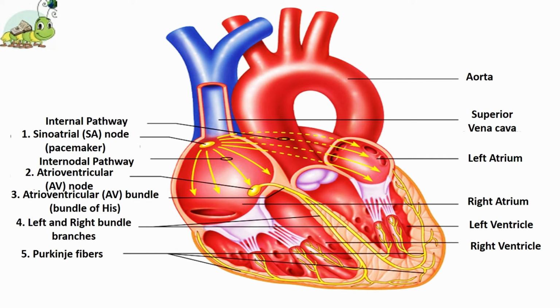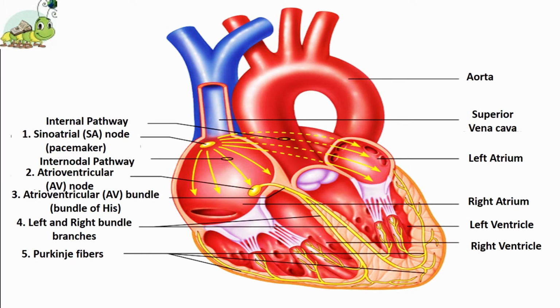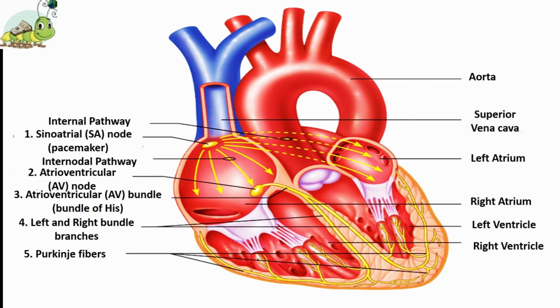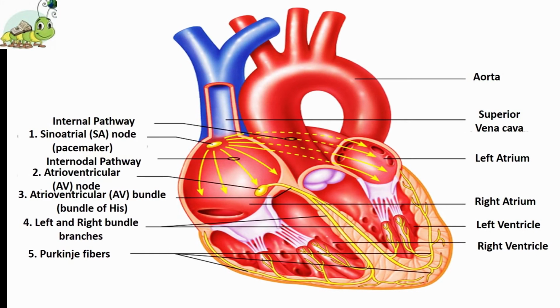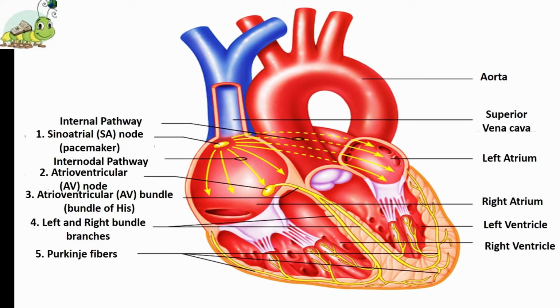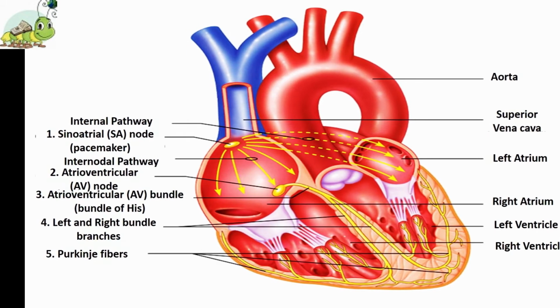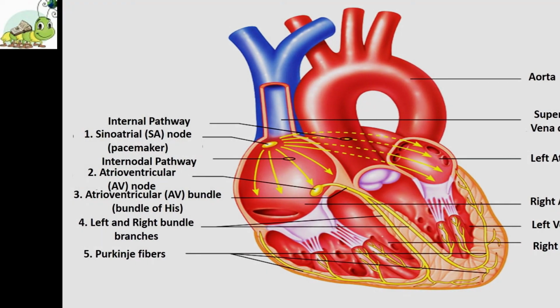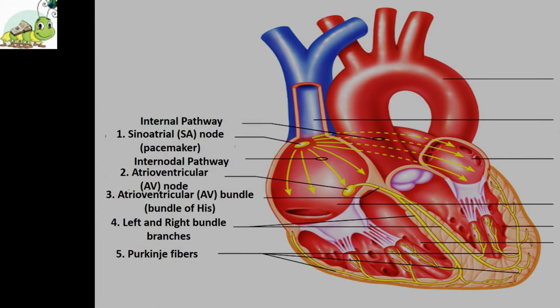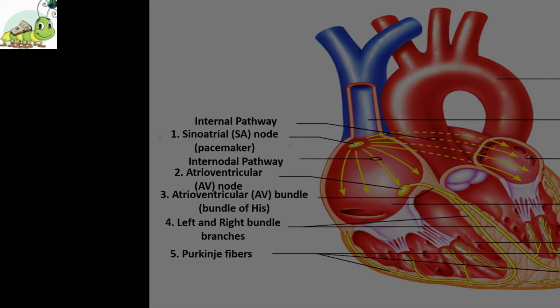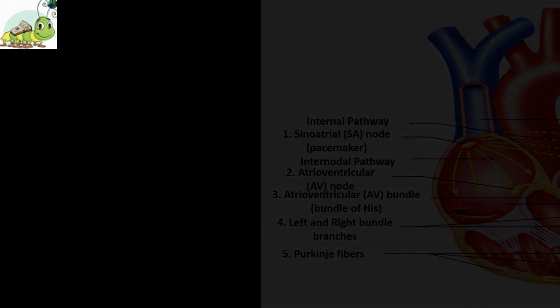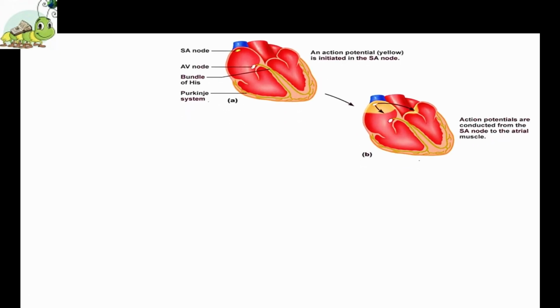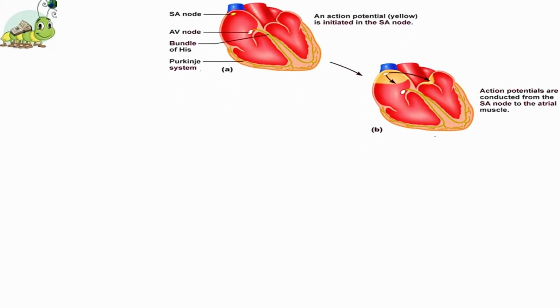This means the SA node conducts 70 impulses per minute and the AV node conducts 50 impulses per minute. After cells in the AV node are stimulated by impulses coming from the SA node, they go into a refractory period. If the SA node fails to fire or if impulses from it are blocked, the AV node can take over.